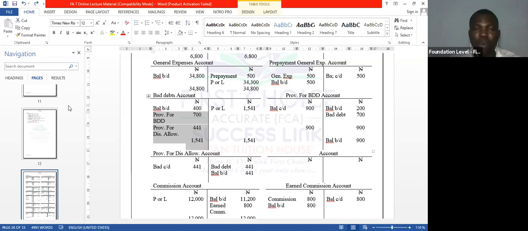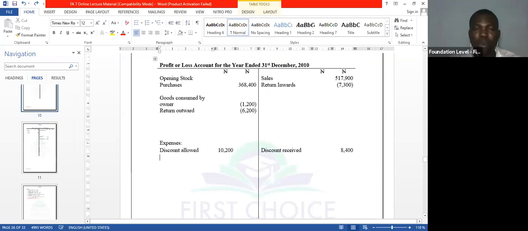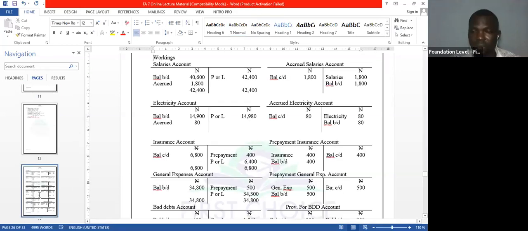So we come back here and put bad debt. What is the figure for bad debt? We go down and provide the balancing figure. Okay, let's see. Yeah, it's 151,541.